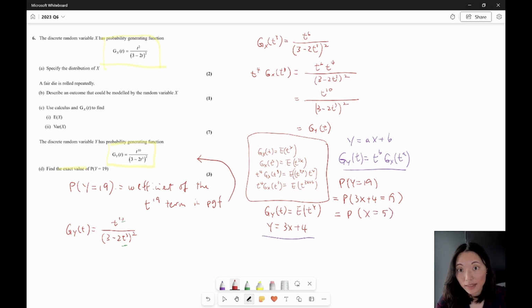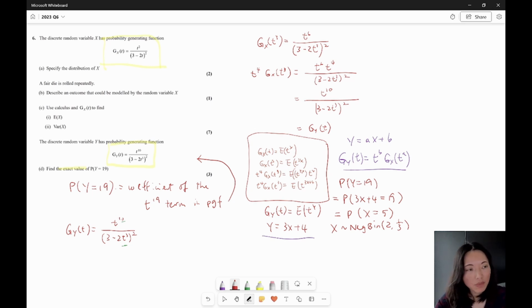Now, we can work out the coefficient of t to the 5 in the probability generating function of x, but because we've worked out that x actually follows a negative binomial distribution with parameters 2 and 1/3, we can use this information to work out the exact probability of x equals 5.